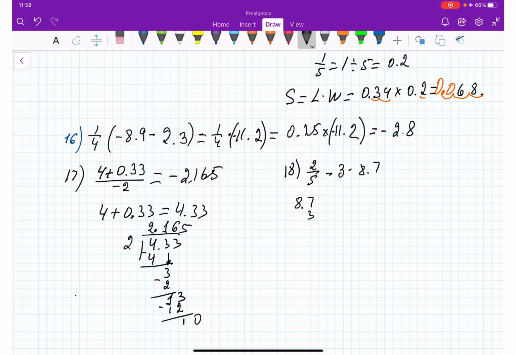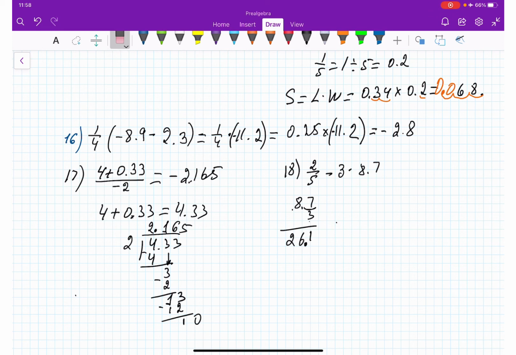As you can see, I put 3 underneath rather than writing 3 times 8.7, because 8.7 has 2 digits and I would have to multiply twice, but 3 has only 1 digit, so I will multiply only once, right? Make sense? So it makes it easier. 3 times 7 is 21, 2 in mind. 3 times 8 is 24, and 2 is 26. 1 decimal only, so here we come.